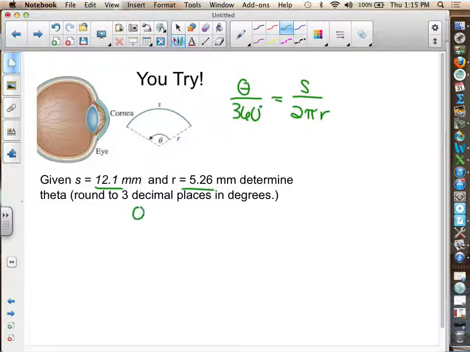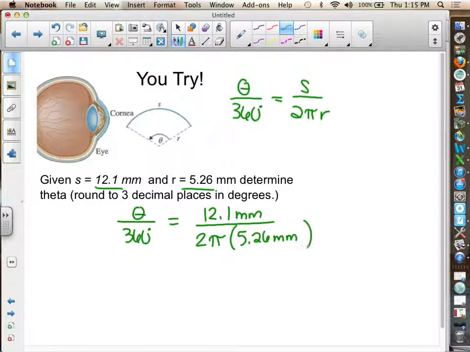So theta we don't know, so we've got theta over 360. The S was 12.1, and then 2 pi r is 5.26. That was also measured in millimeters, so the millimeters cancel out. If you cross multiply them, we're going to have 2 pi times 5.26. I'm going to do it in my regular calculator here.